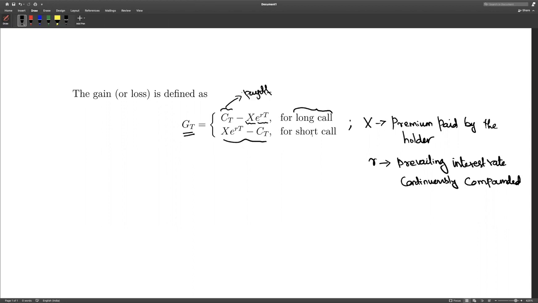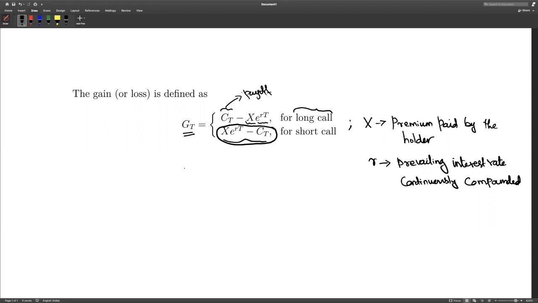And similarly, for the short call, that is, the call option from the writer's point of view, we can also define the gain or loss, and the expression is just the negative of the long call, given by this expression. Similarly, we can define the gain or loss for the put option, whether it is a long put or short put.